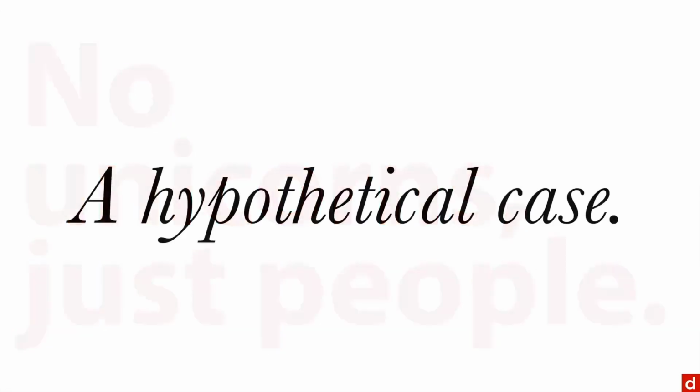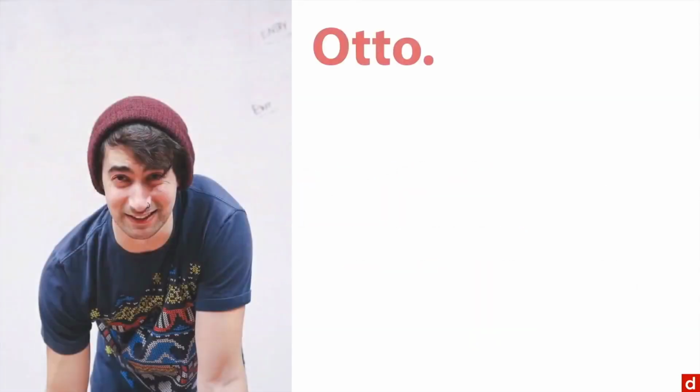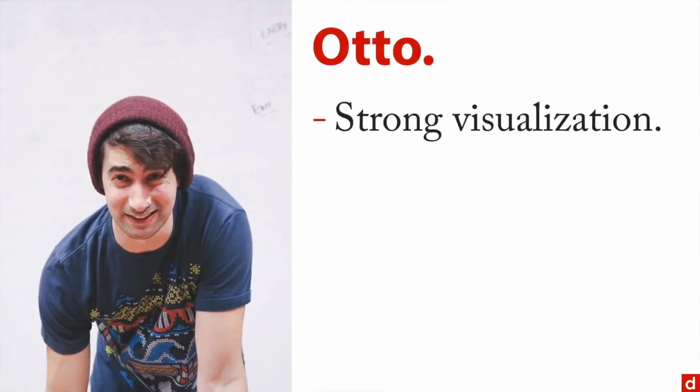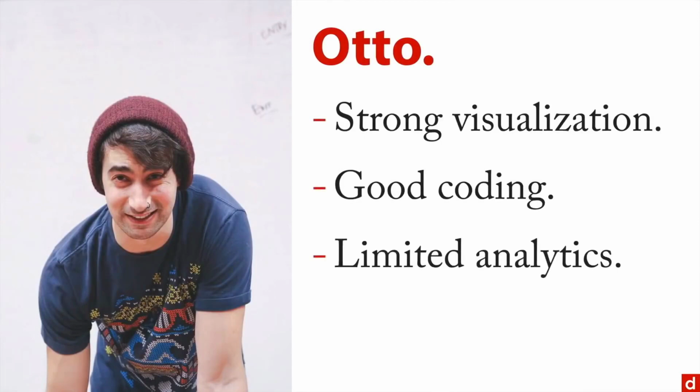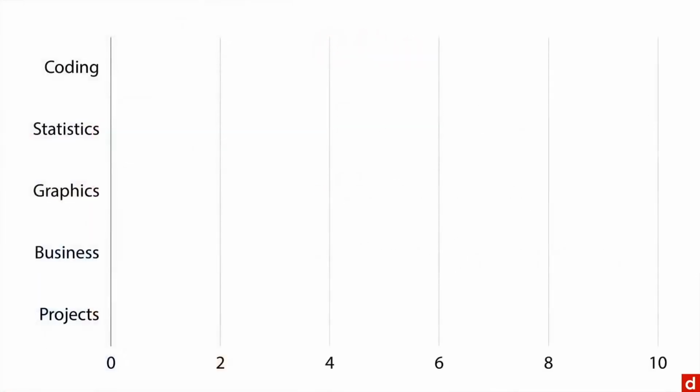So let's take a hypothetical case just for a moment. I'm going to give you some fictional people. Here is my fictional person, Otto, who has strong visualization skills, who has good coding, but has limited analytics or statistical ability. And if we graph out his abilities, here we have 5 things that we need to have happen.